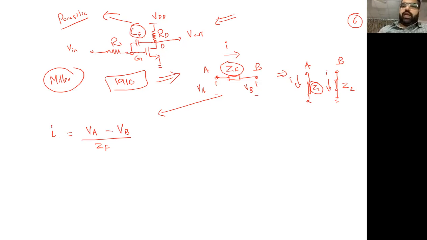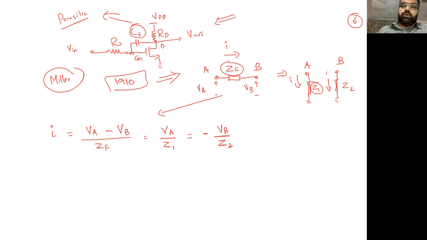And that will be equivalent to the current flowing from this node, VA divided by Z1, which will also be equal to, rather, because that is the opposite current flowing through this junction, on the opposite side, minus VB by Z2. So the current sign is going to be present.